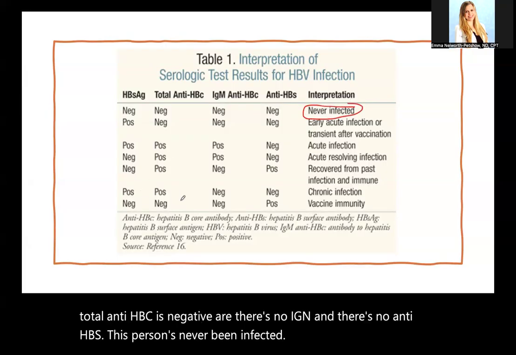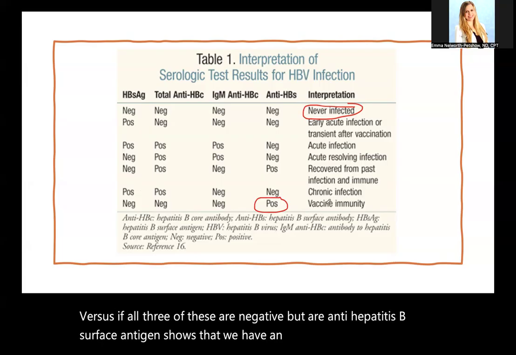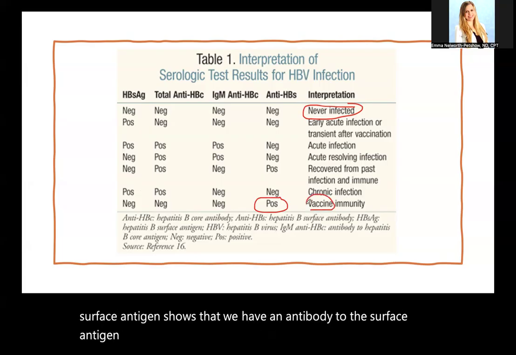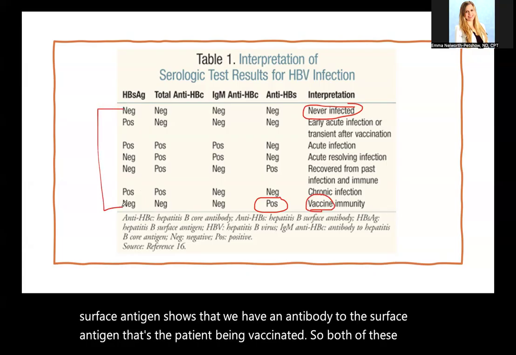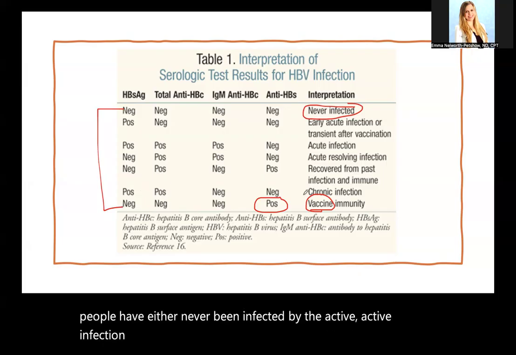Versus if all three of these are negative, but our anti-hepatitis B surface antibody shows that we have an antibody to the surface antigen, that's the patient being vaccinated. So both of these people have never been infected by the active infection, but we have vaccine immunity here. So this is never infected versus vaccine immunity.